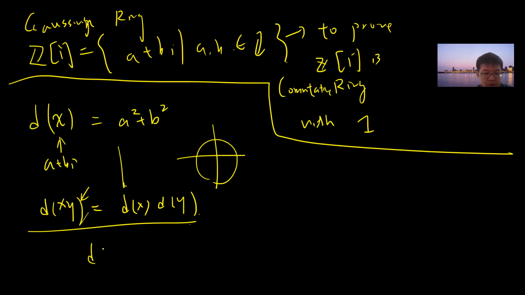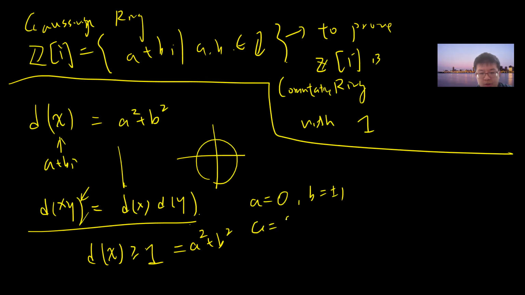Also you can check that d(x) is greater than or equal to 1 for any nonzero x, because this is just a squared plus b squared. In order to make x a unit, the only way is that a is 0 and b is plus or minus 1, or a is plus or minus 1 and b is 0.